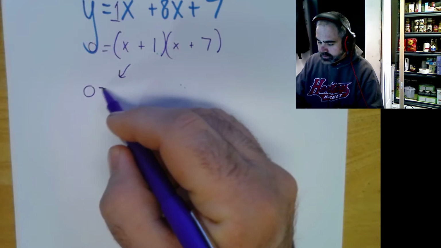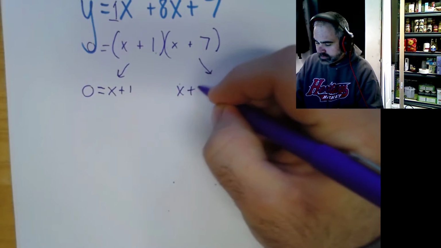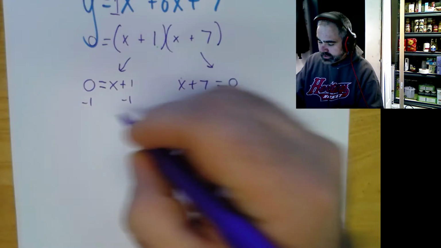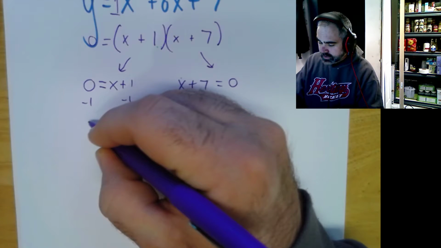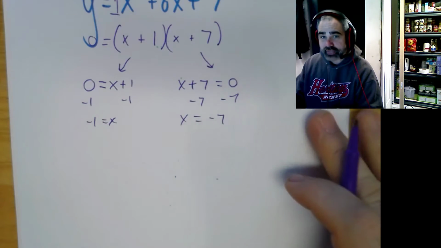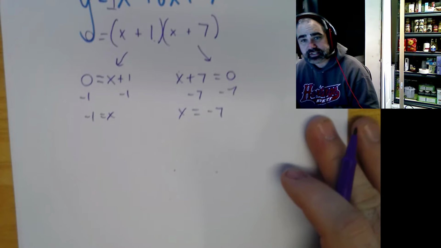I could say 0 could equal x plus 1, or x plus 7 could equal 0. Subtract 1 from both sides here to get negative 1. And I could subtract 7 from both sides to get negative 7. So I've got my x-intercepts here.